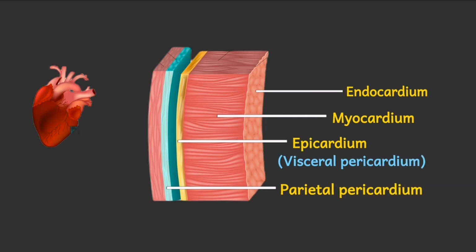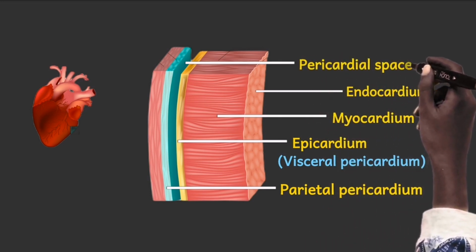Now, between the visceral pericardium, which is the yellow layer, and the parietal pericardium, which is the blue layer, there is a space which contains a small amount of serous fluid called the pericardial fluid. This fluid helps the heart to relax and contract around its surrounding structures with minimal friction. And so the space is known as the pericardial space.